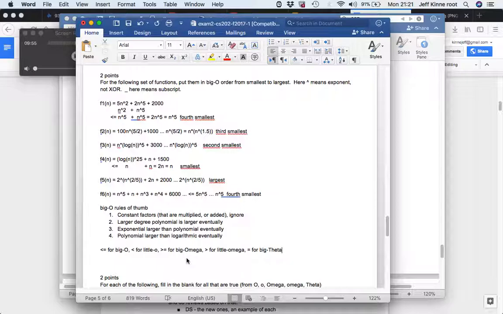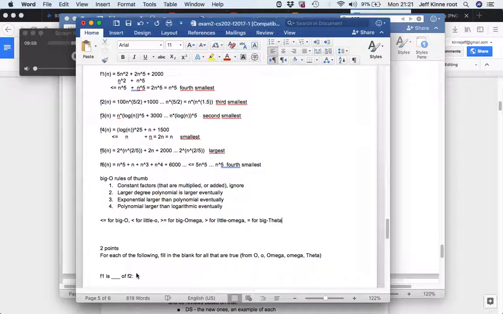And let's put this in. So we want to say f1 versus f2. So we have n to the 5th versus n to the 5 halves. F1 is greater than F2, and it's also F1 is greater than or equal to F2.